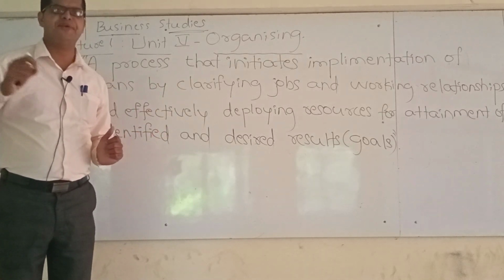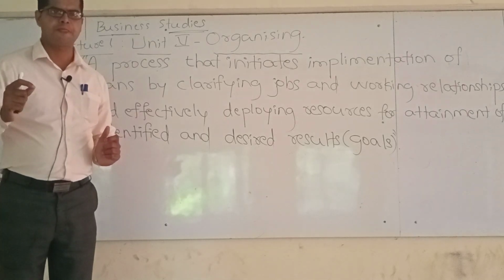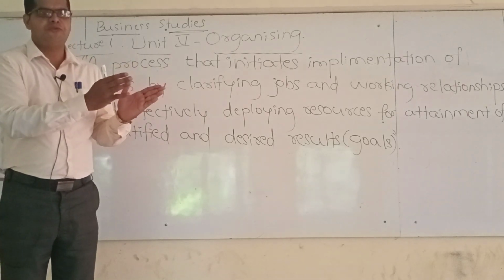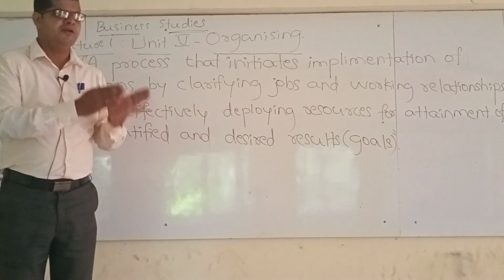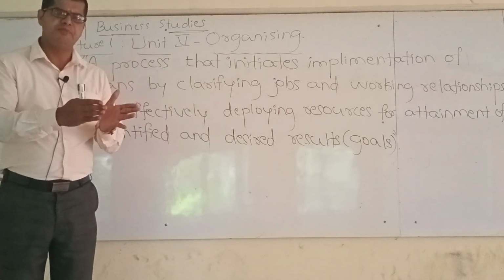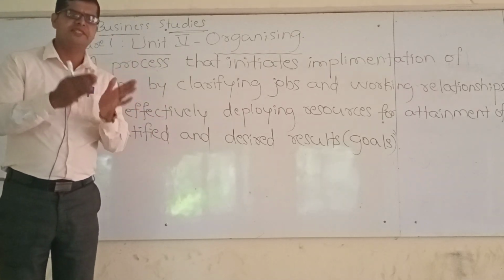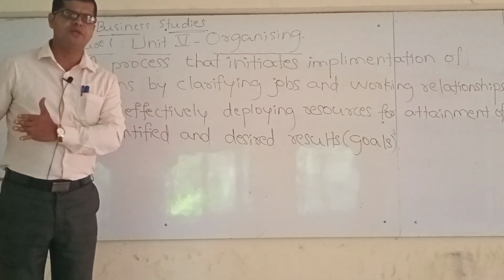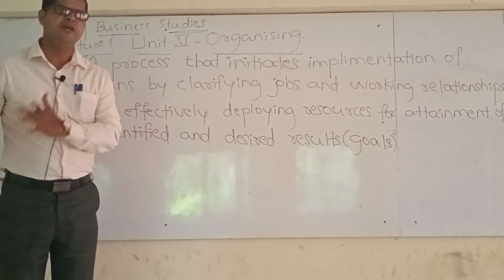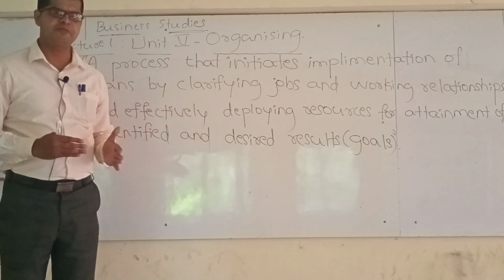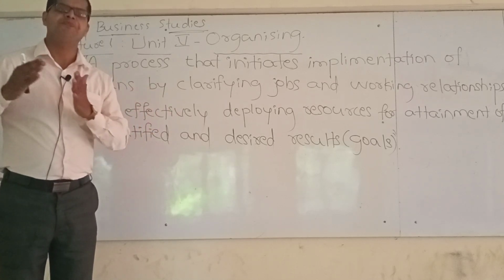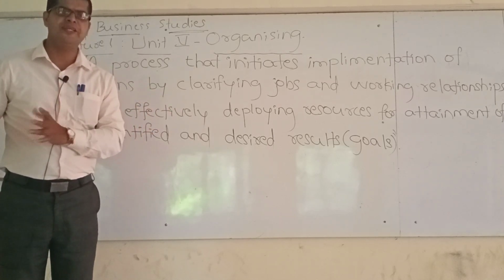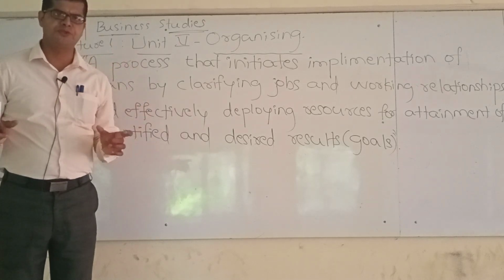So what is the particular work of the production department, the distribution department, the research and development department, the human resource department, the marketing department, the advertisement department. Okay, so just clarify the jobs.